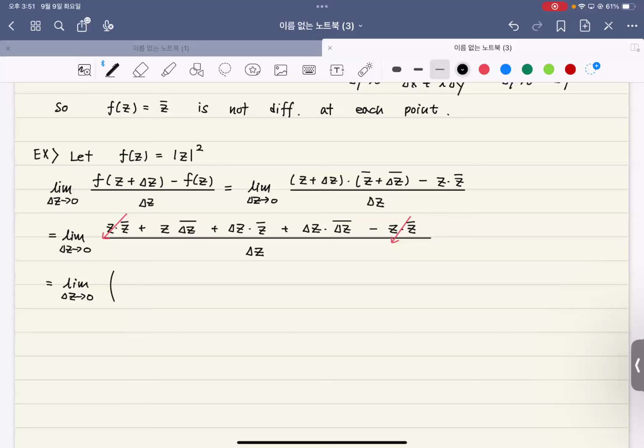So this is the conjugate of delta of z, that is z bar plus delta of z bar, plus z times the complex conjugate of delta of z over delta of z. Okay, so I have just ended up with some ugly expression over here. And what do you think of the limit of this guy?